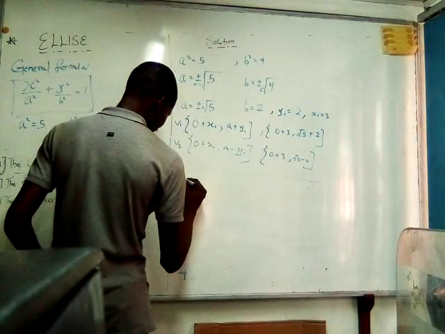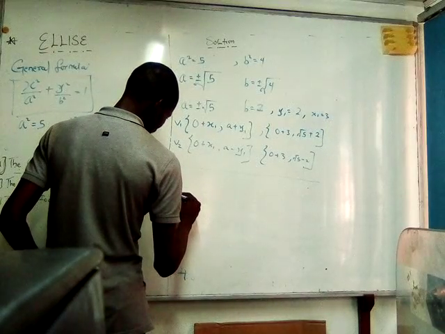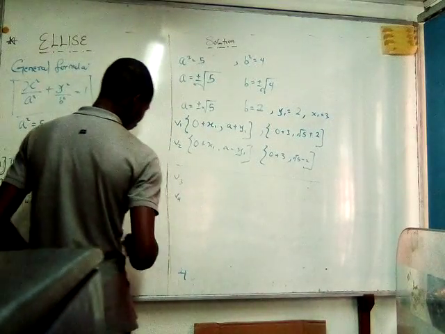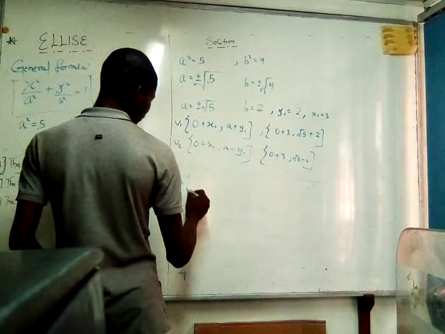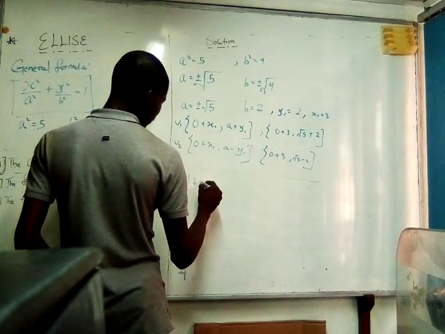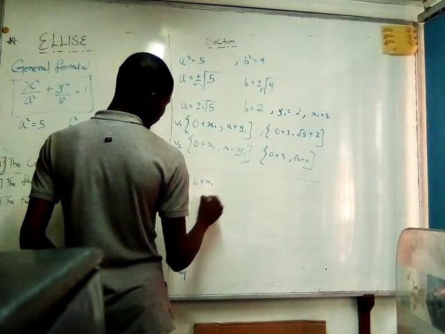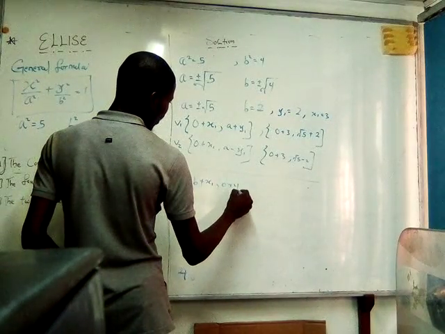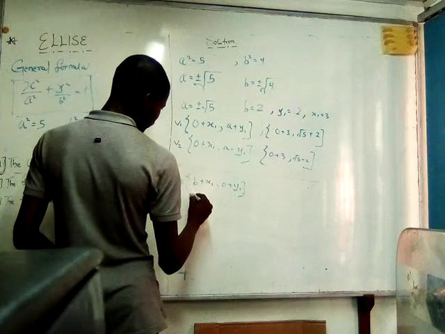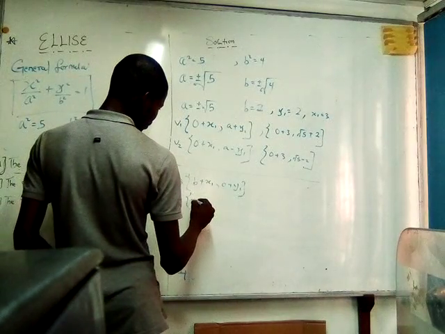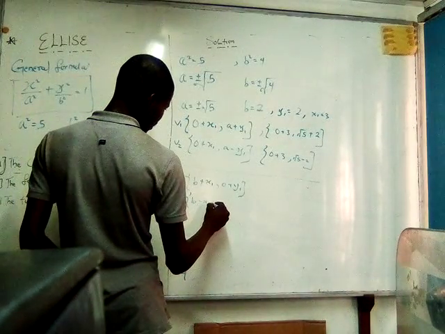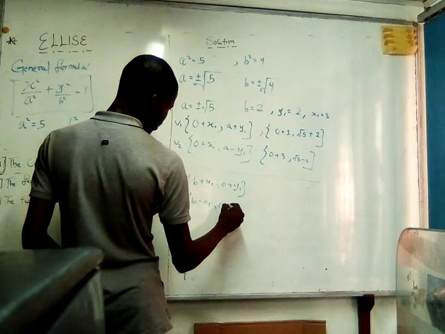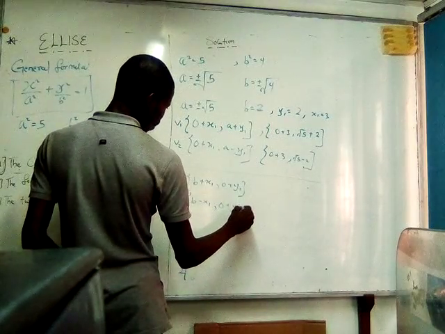Then our V3 and our V4 is going to be (b plus x1, 0 plus y1). The same thing applies here. You are going to say (b minus x1, 0 plus y1).